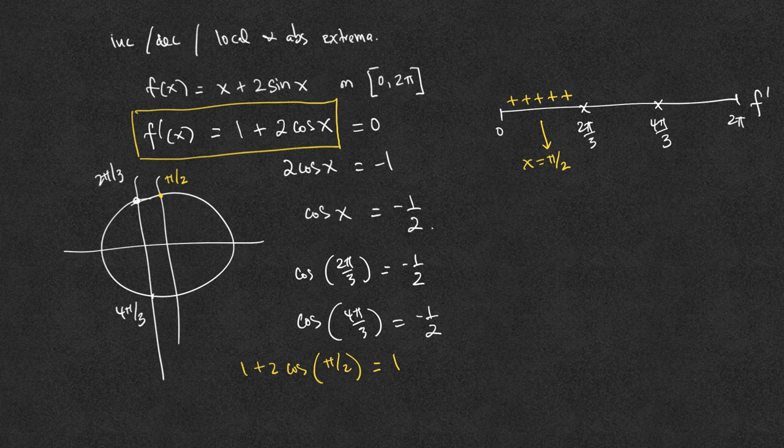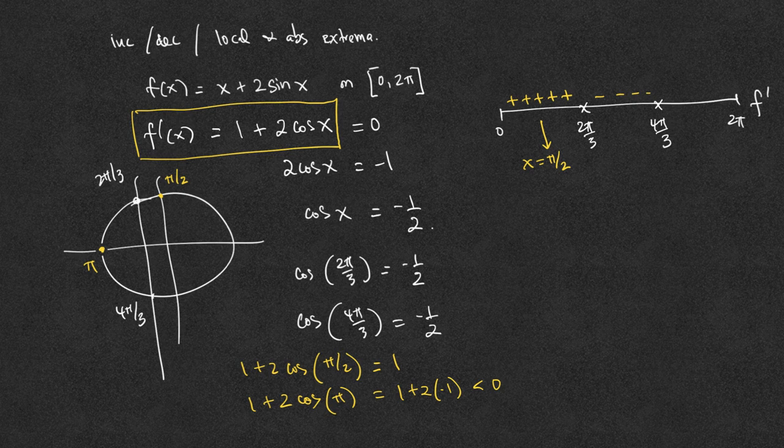Between 2 pi over 3 and 4 pi over 3, we use pi as a test point. F prime of pi is 1 plus 2 cosine of pi, but cosine of pi is negative 1, and so this is 1 minus 2, which is negative.